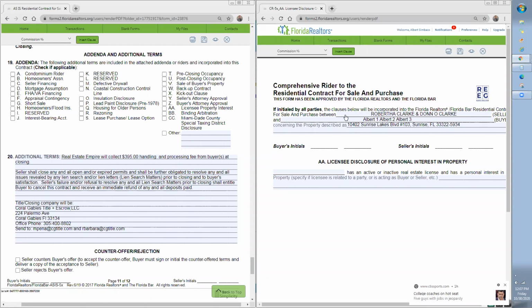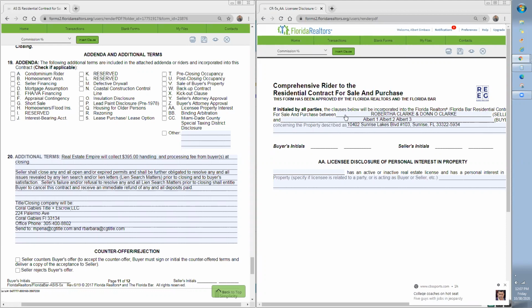Okay. X person, Albertson Baco, has an active or inactive real estate license and has a personal interest in the property. Specify if licensee is related to a party or acting buyer or seller.